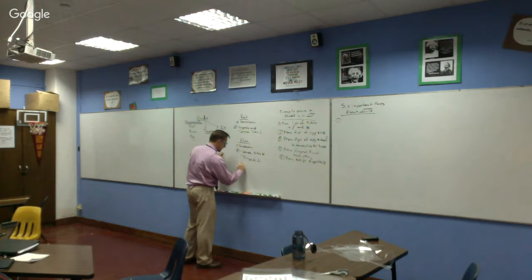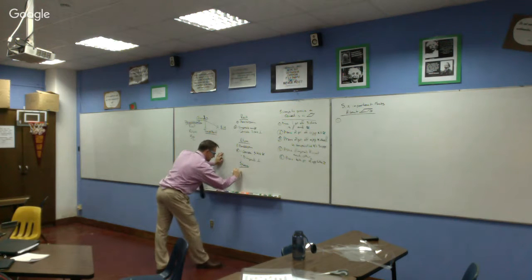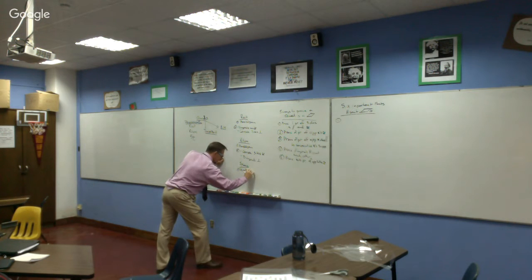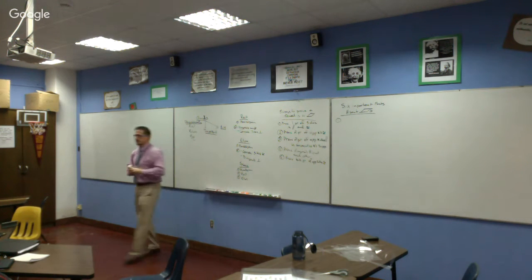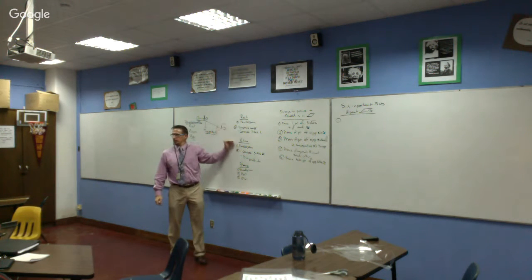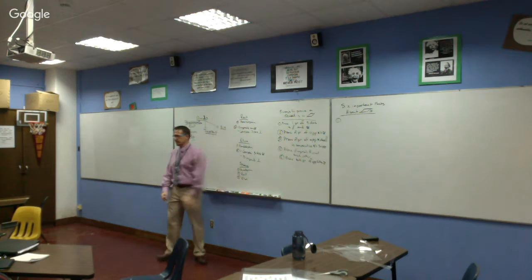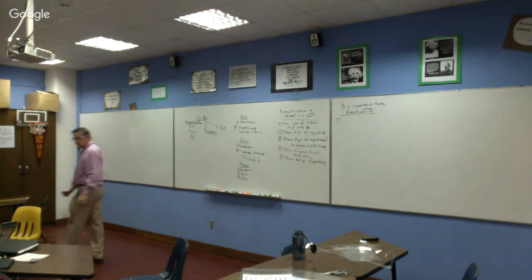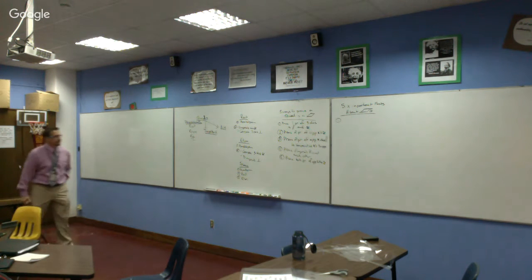So the classification for a square is that it's got to be a parallelogram. It has to be a rectangle. And you said it also has to be a rhombus. Okay? Now, does it matter which order we check? Do I have to check rectangle first before rhombus? No. I could check rhombus before rectangle. It doesn't matter. Okay? And that's where we left off.